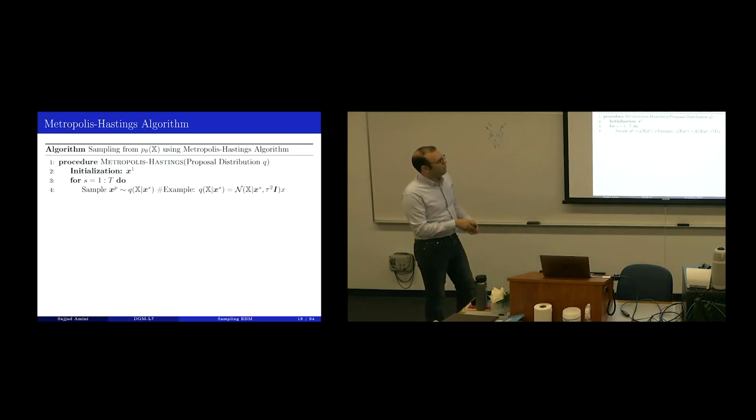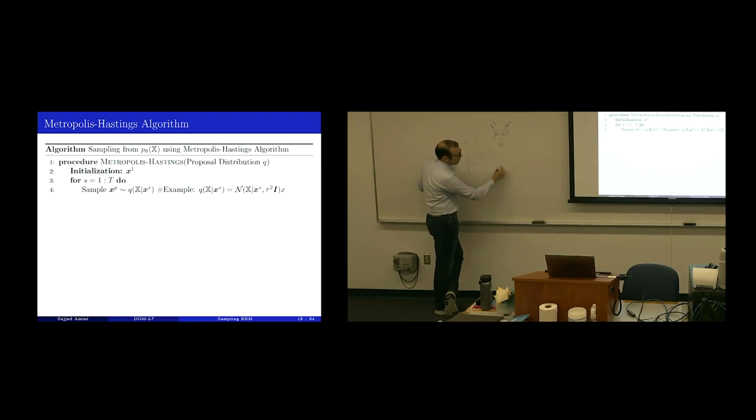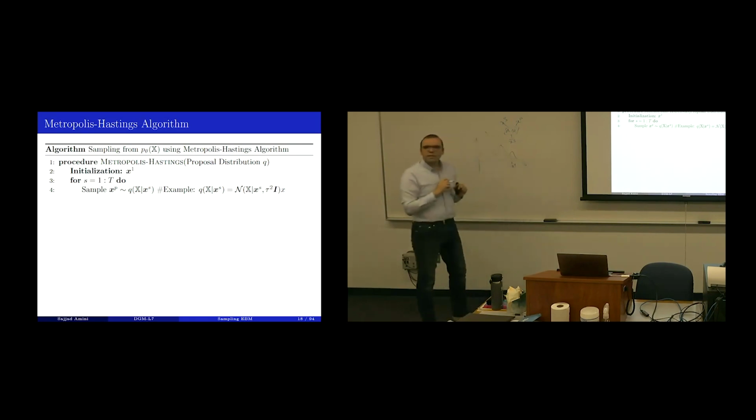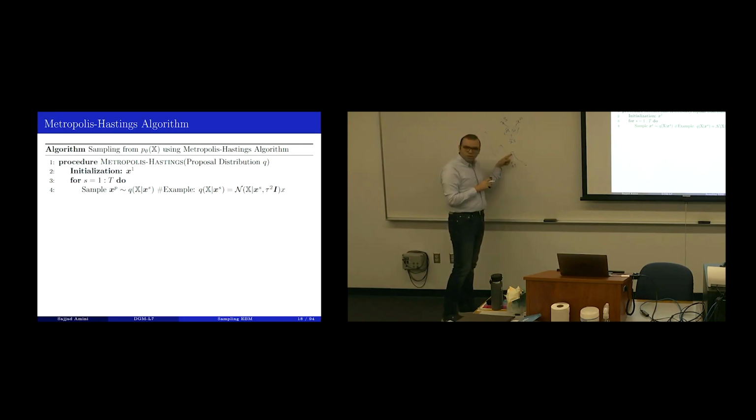For example, this is the unnormalized distribution. Assume you are here. This is x1. You consider a distribution over x1 here. This is a new Gaussian distribution, and then you sample from this distribution. This is a normalized distribution, so you can easily sample from it.